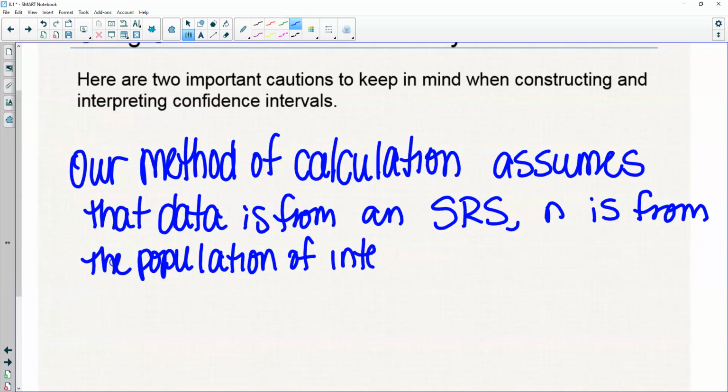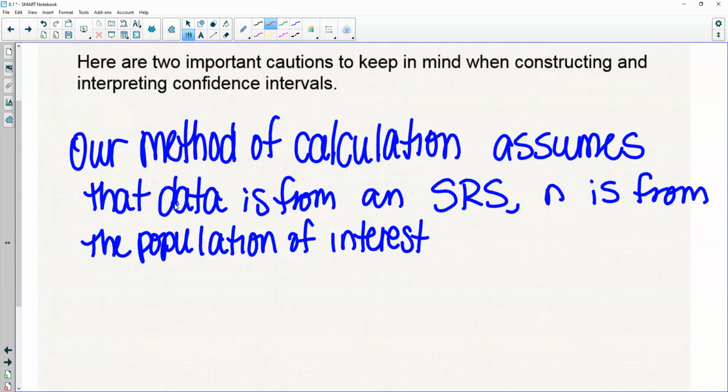If that's not true, then all bets are off. You can't do a confidence interval if those things are not true. So if we know that those things are not true, then we can't be doing a confidence interval.